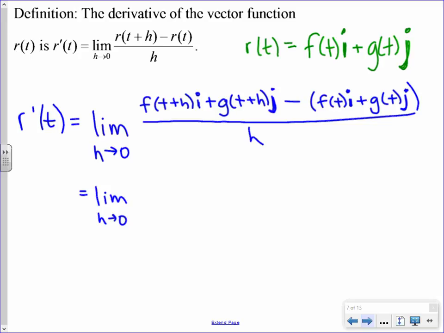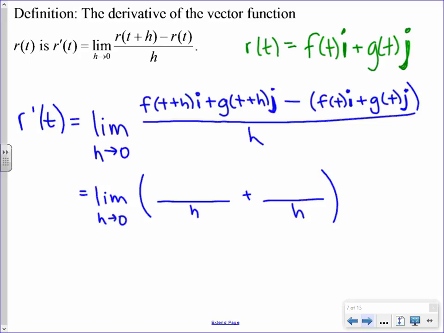Now, can we rearrange this? I am going to separate this into two fractions while rearranging. Can we do that, two things at once? Are you okay with that? Basically, I'm going to add two fractions. We still have the denominator of h. I'm just going to split this apart.